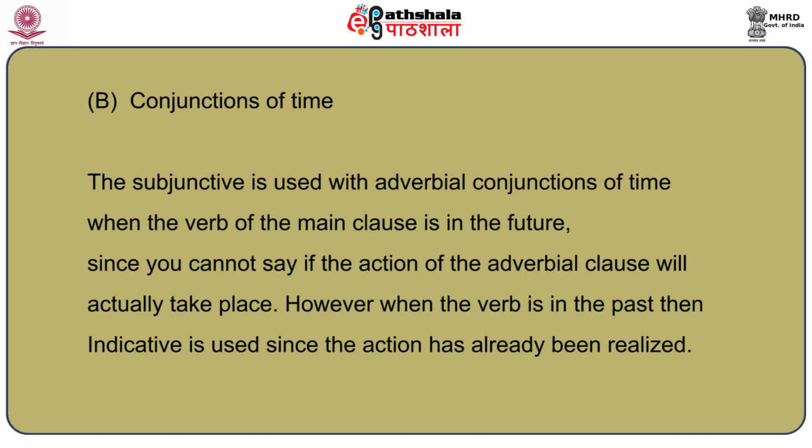The subjunctive is used with adverbial conjunctions of time when the verb of the main clause is in the future, since you cannot say if the action of the adverbial clause will actually take place. However, when the verb is in the past, then indicative is used since the action has already been realized.